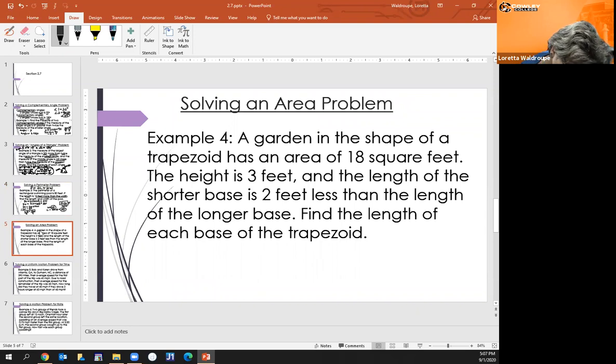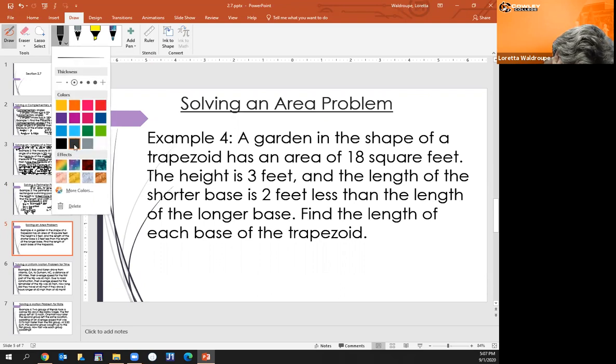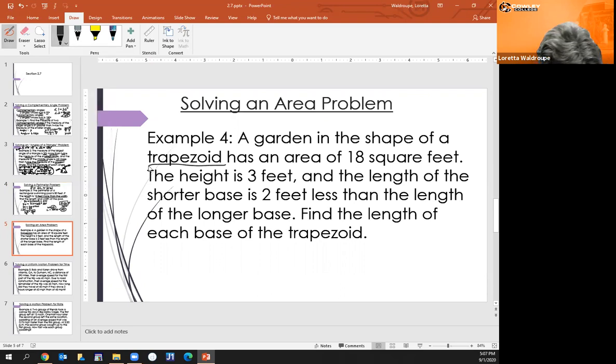We are going to do the trapezoid. Now, for those of you that don't know what a trapezoid is, it looks like this.